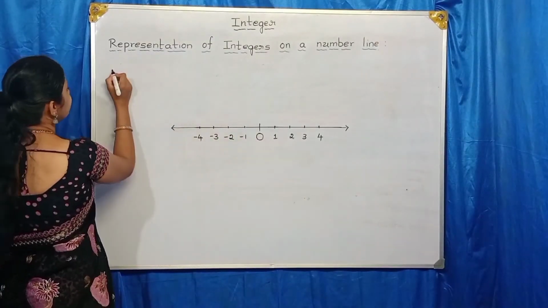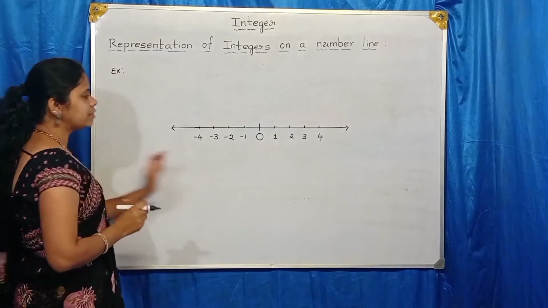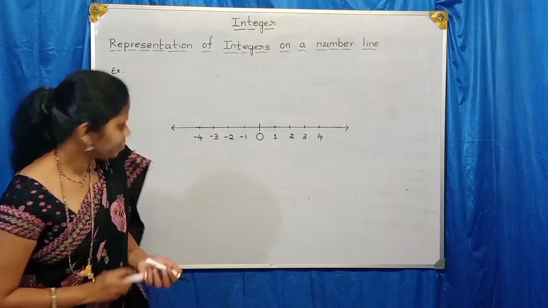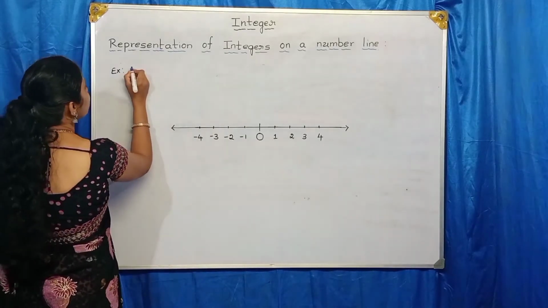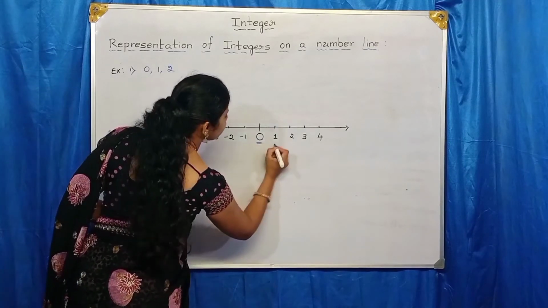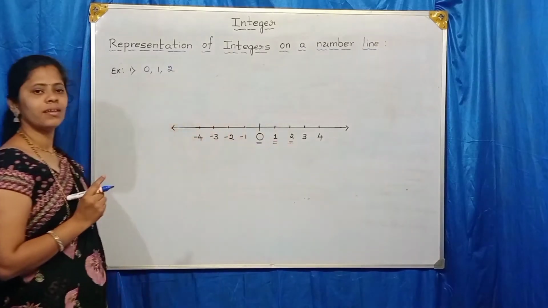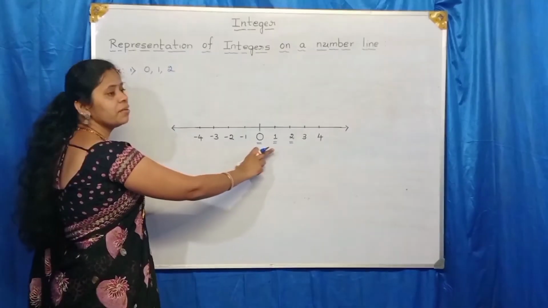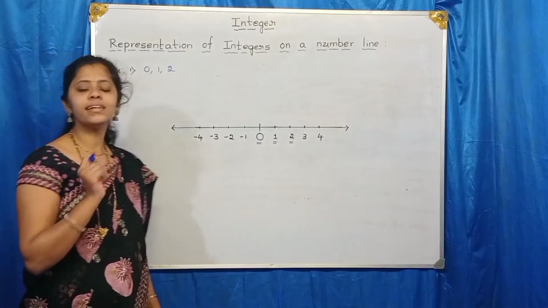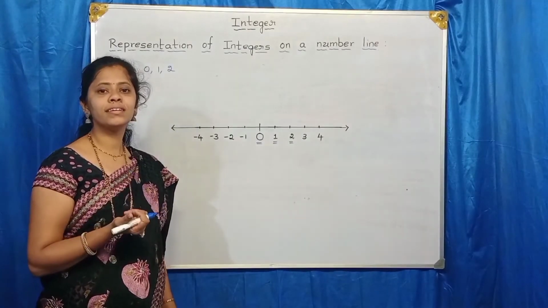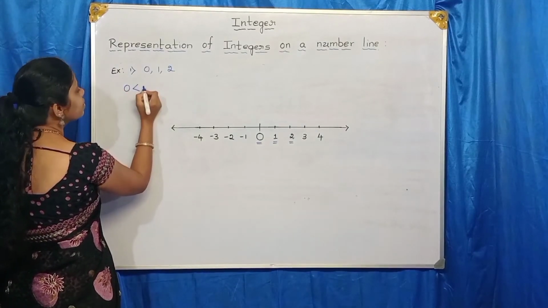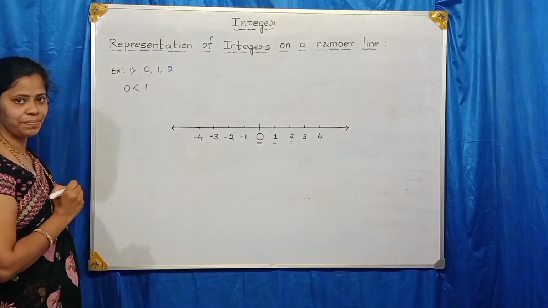Here, see here, I will consider 3 numbers, 0, 1 and 2. Now tell me, is 0 greater than 1 or is 0 lesser than 1? What is your answer? 0 is lesser than 1, isn't it?